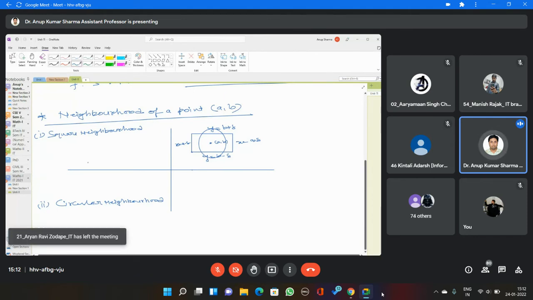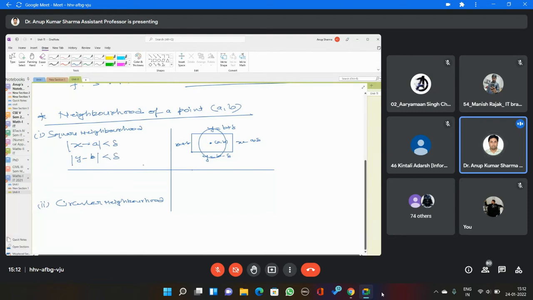So, neighborhood of a point. In the square neighborhood, what we write is: modulus of x minus a less than delta, and modulus of y minus b less than delta.